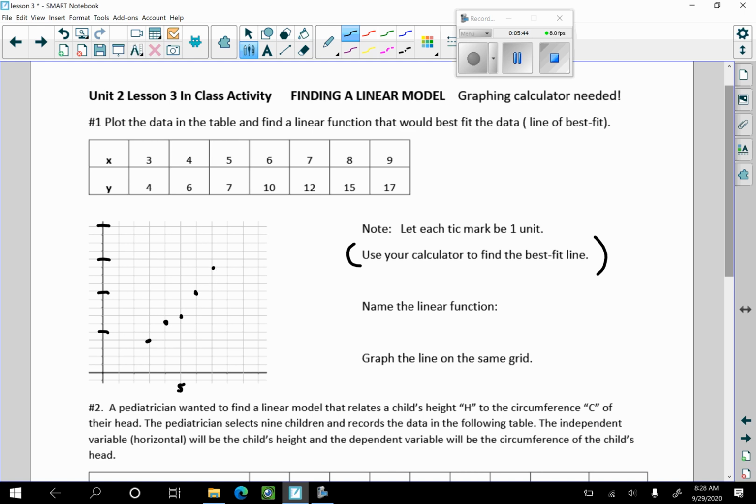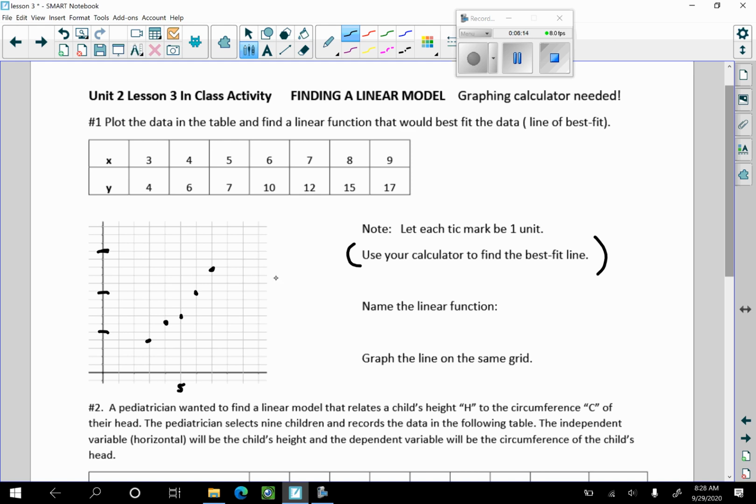I think 5 went up to here. I think I had it off a little bit. Okay, so that's 15. So 7 went up to 12, and I think I'm there.